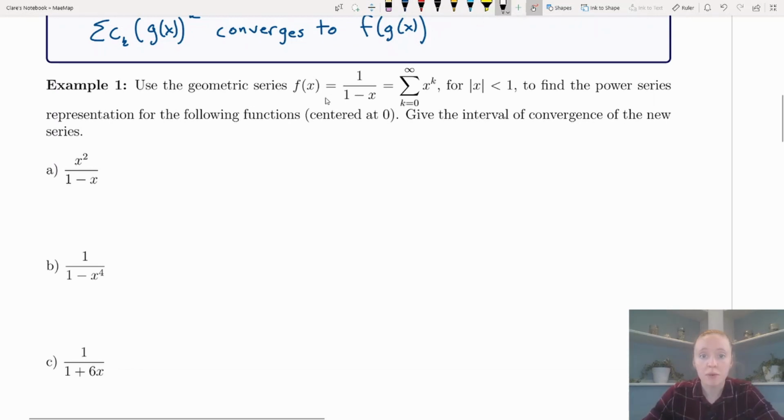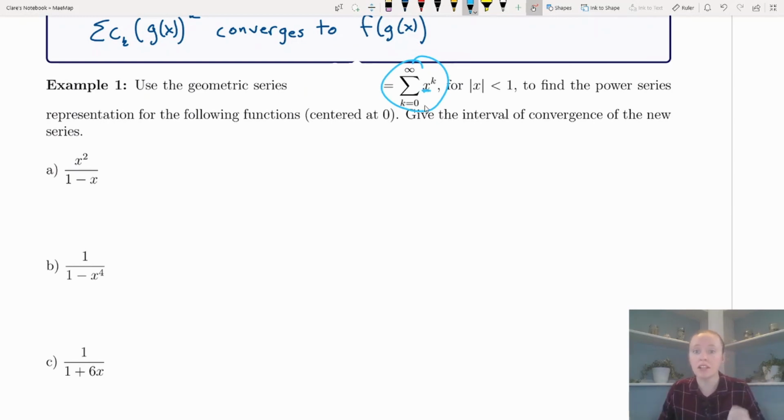Now, if I was to cover up either part of this, so let's go ahead and cover up that f of x equals 1 over 1 minus x, what do we have here? We have a geometric series. And remember, a geometric series converges when the r value, or in this case, our variable x, is between -1 and 1. And you can see we specify that.